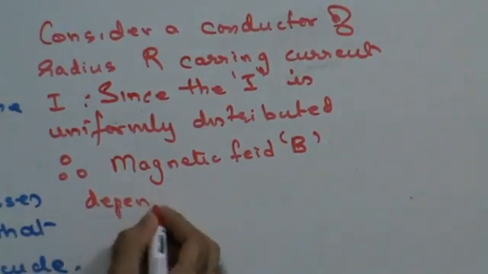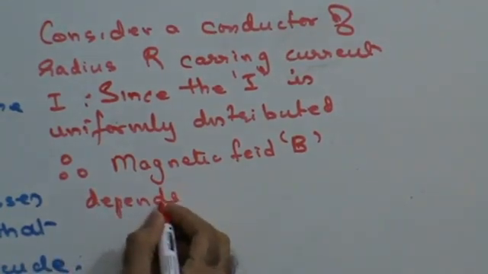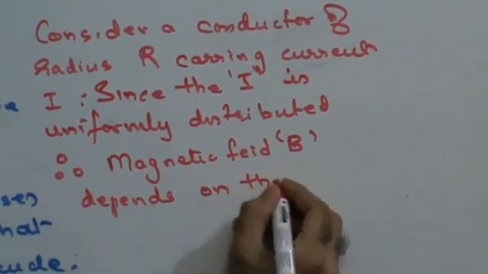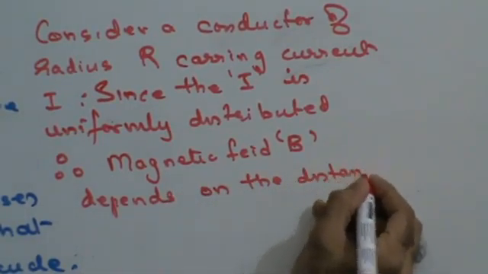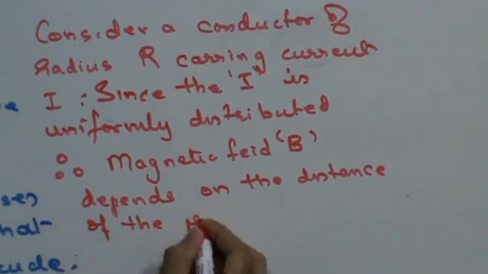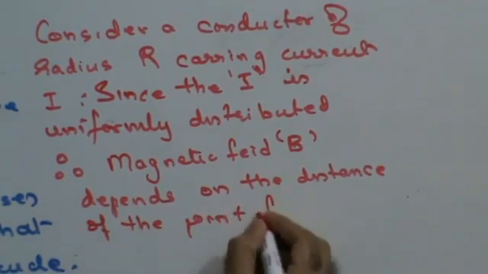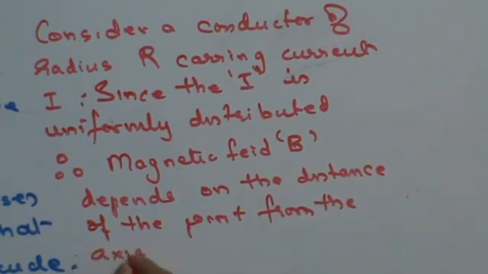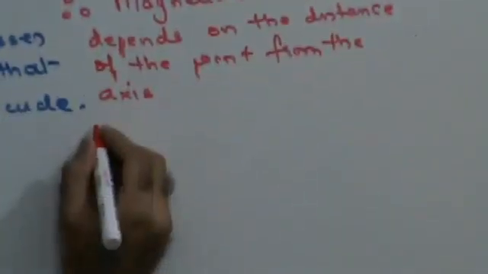depends on the distance of the point from the axis. Now let us try to find the magnetic induction at a distance r.